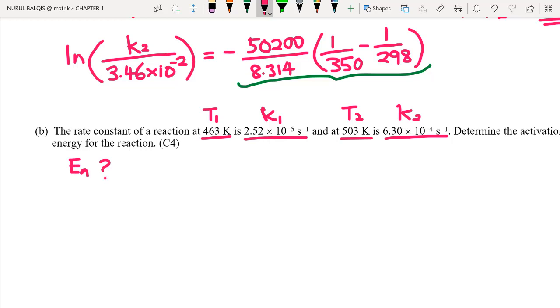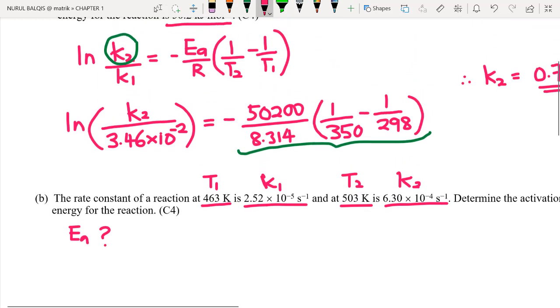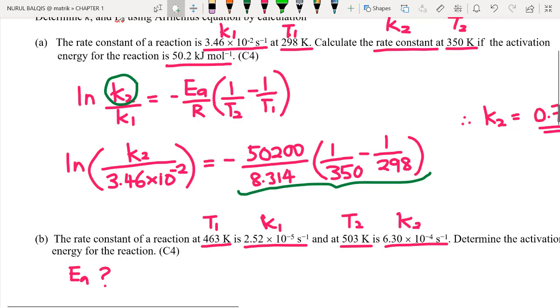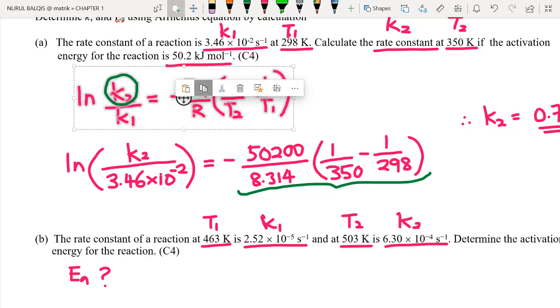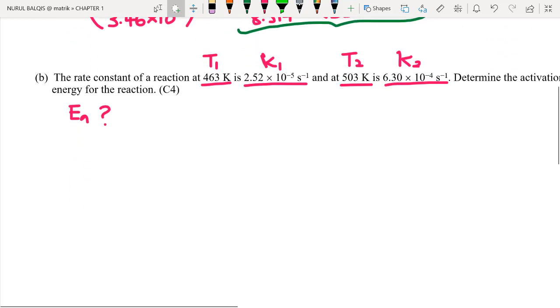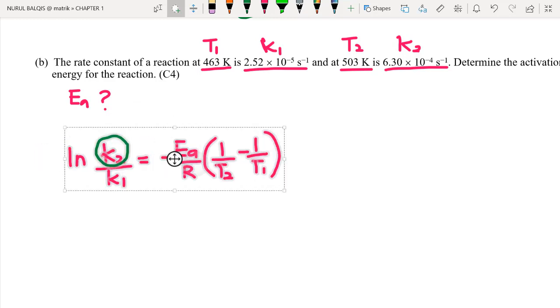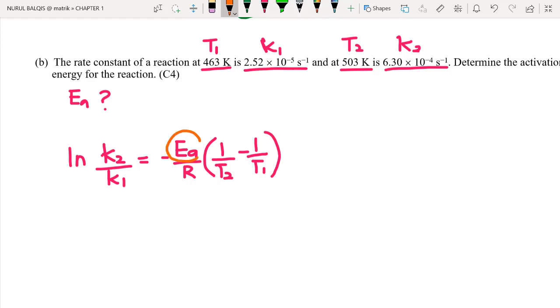Since we are given K1, K2, T1 and T2 values, then we can simply use exactly the same formula up here. So we're going to copy this again, but this time around we want to find the activation energy, so our focus now is on the EA.